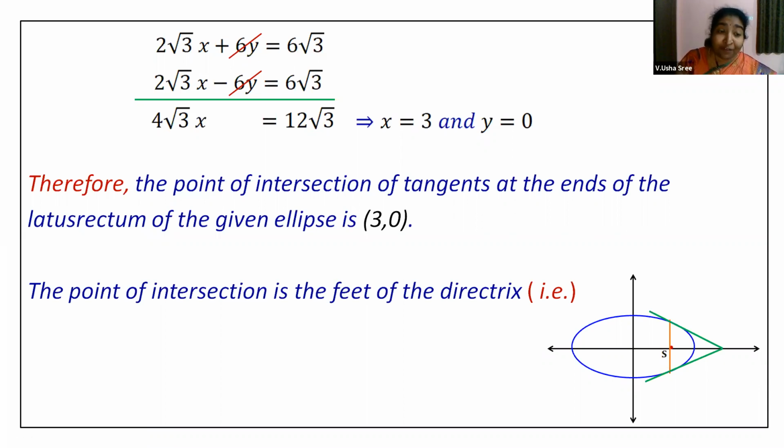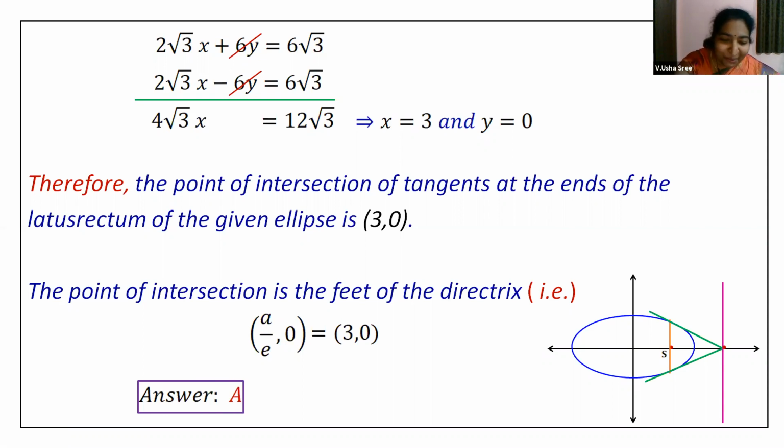In the beginning of the ellipse topic, we have seen the foot of the directrices, isn't it? There we have seen it is (a by e, 0). What is a? What is e? You know. Once you know a and e, just substitute. A is root 3, e is 1 by root 3. So root 3 by 1 by root 3 is nothing but (3, 0). Therefore, your answer is A.